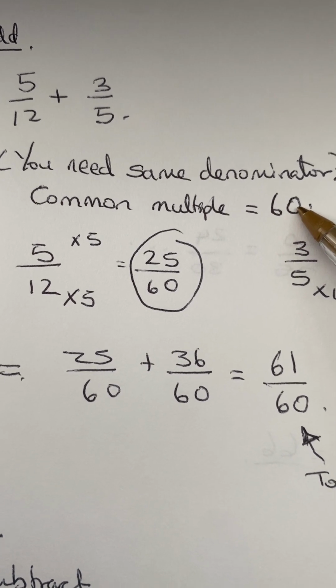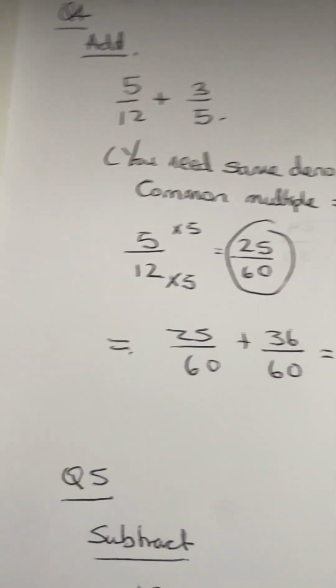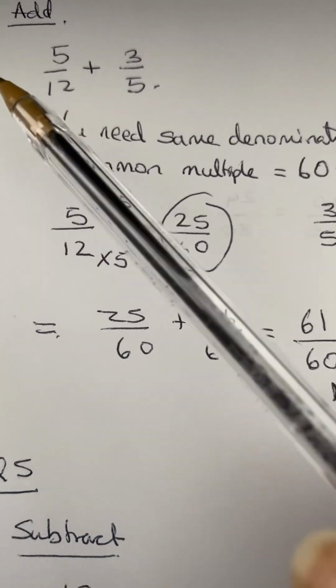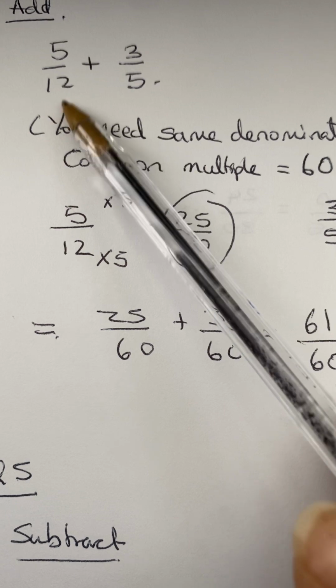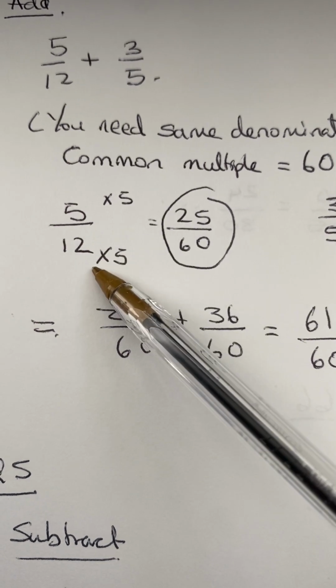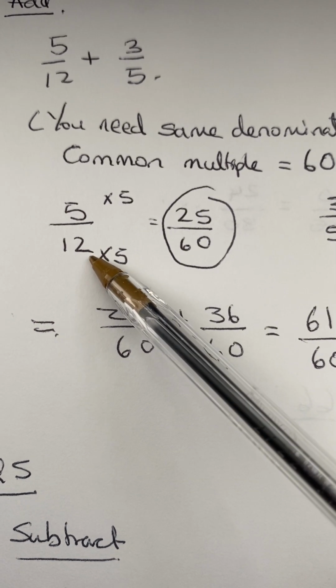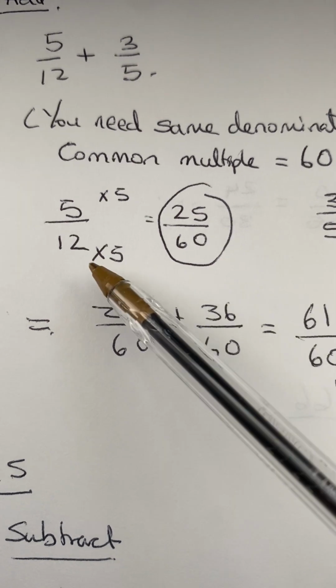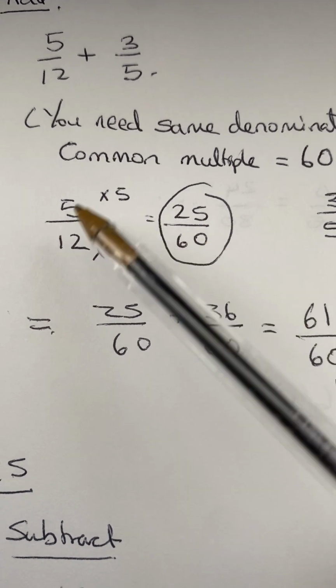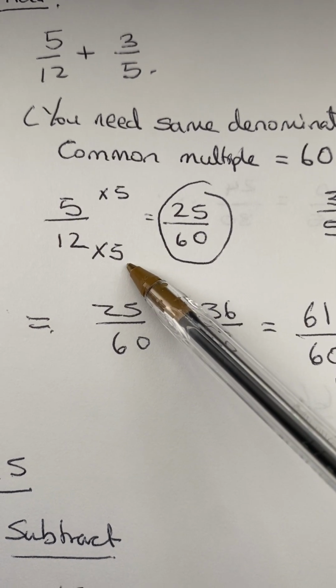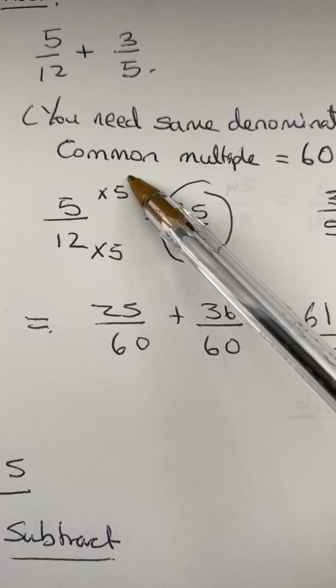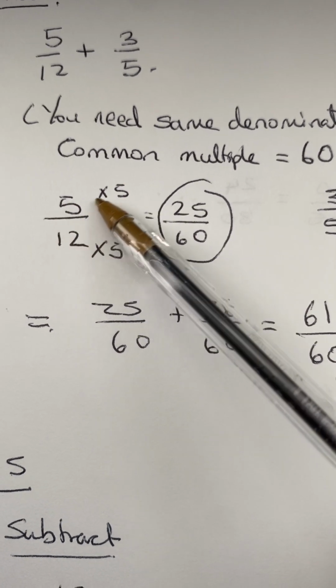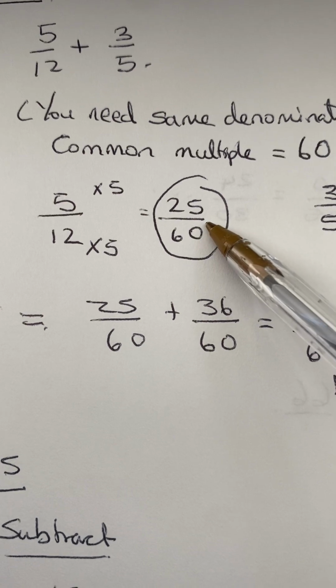Okay, as I said, the more you practice, the better you get. So we have to change the denominator of 5 over 12. What do we do to 12 to make it 60? We multiply by 5. So if we are doing that to the denominator, then we do that to the numerator. 5 times 5 is 25.